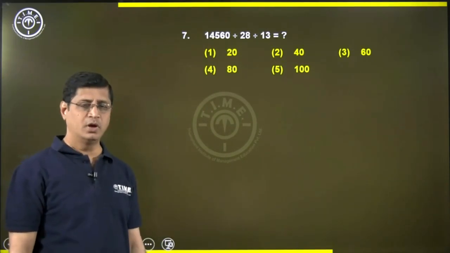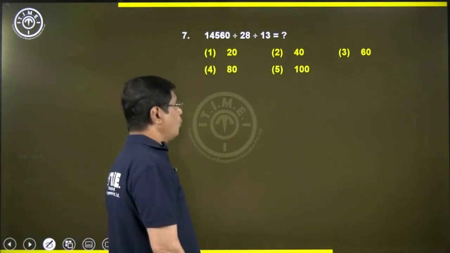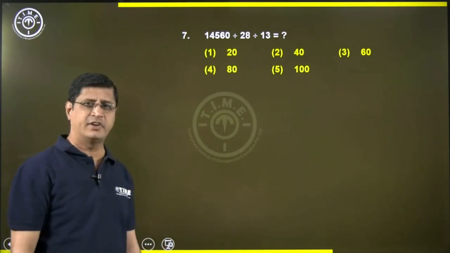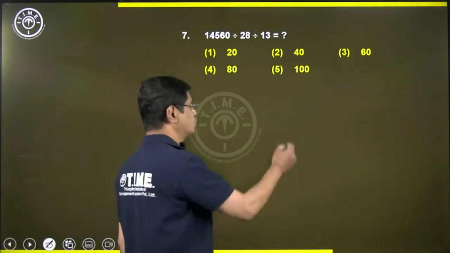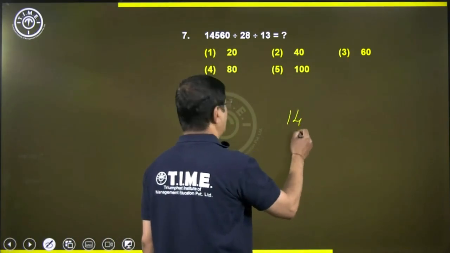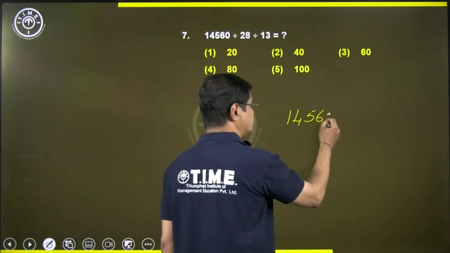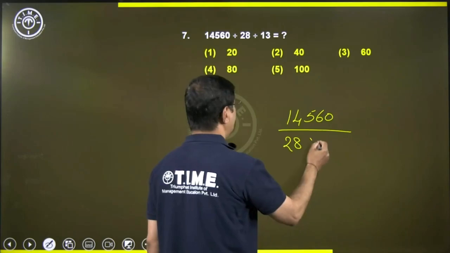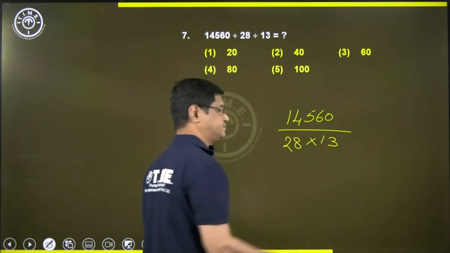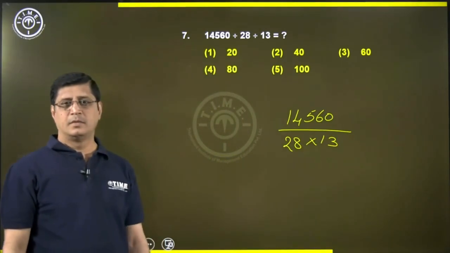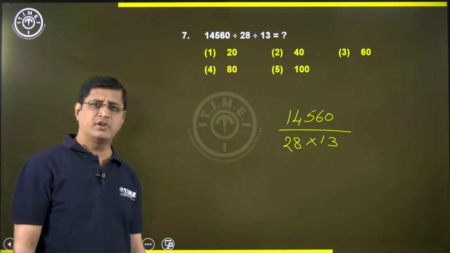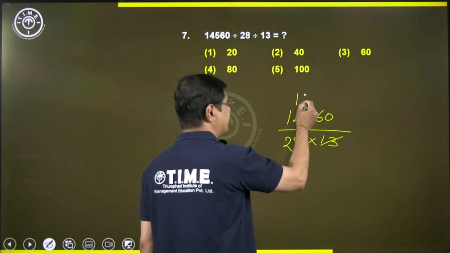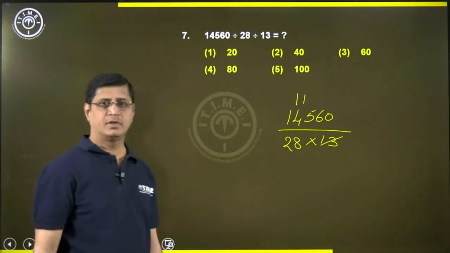Now next example on your screen. 14560 divided by 28 divided by 13 is equal to question mark. My dear students, 13 into 11, that is 143.